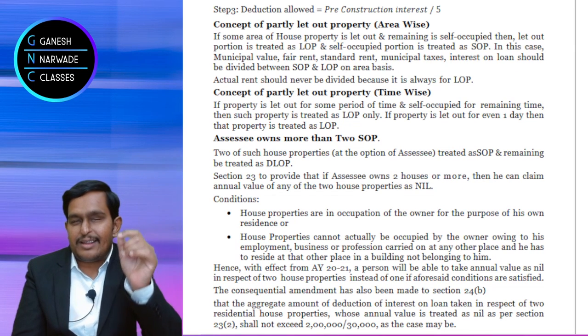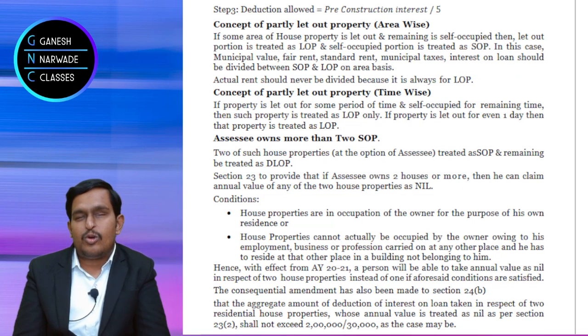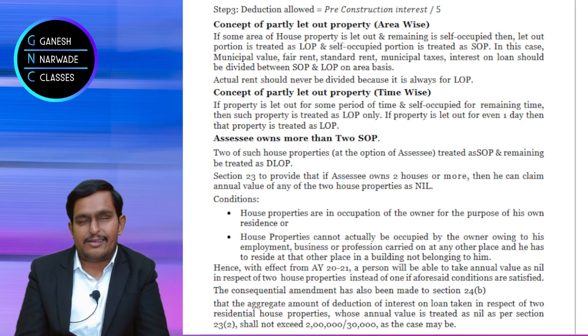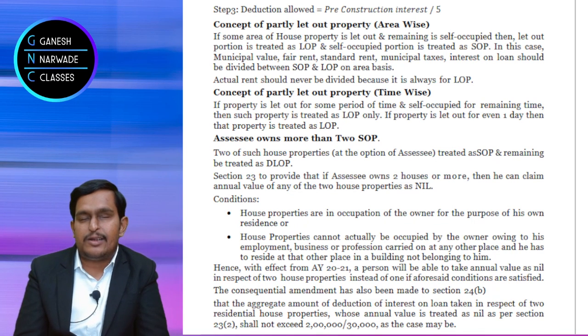So when choice is yours, what will you do? Wherever the income is less, that option you will prefer, correct? So how will we know? By applying certain options. Like option 1 you take. House 1 self-occupied, house 2 self-occupied, house 3 deemed to be let out. Find out what is the net income from house property. Take option 2.